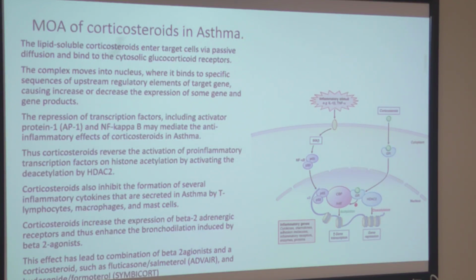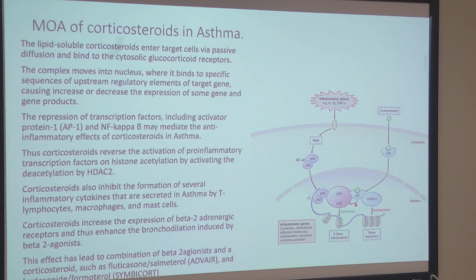MOA of these corticosteroids. Remember, do corticosteroids need a receptor or a transporter to get into the cell? It's biochemistry knowledge from T1. Corticosteroids are lipid soluble, therefore they pass the plasma membrane through passive diffusion.